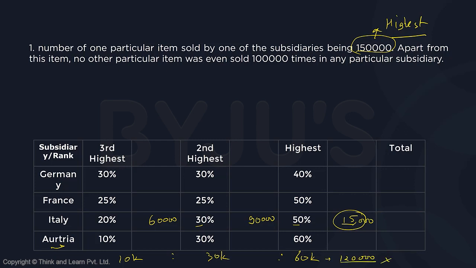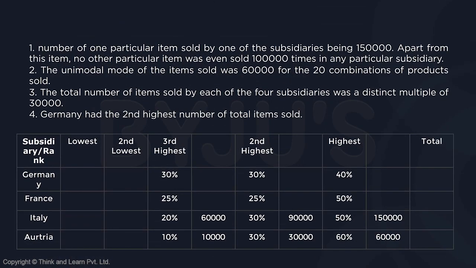But this is not possible, because apart from this, none of the other numbers should be more than or equal to 1 lakh. That means this case is ruled out. So for this also, the only possibility is 60,000, 30,000 and 10,000. So for 2 at least we can calculate the values.